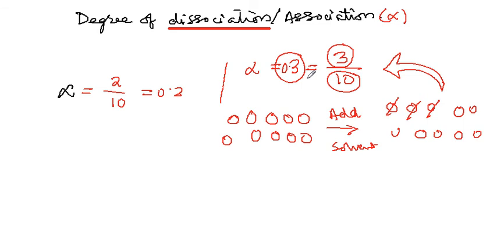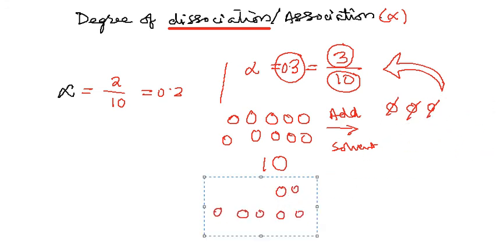Okay, so what we had before dissociation, we had 10 molecules. After the dissociation, what we have got is 7. So how many have got broken? 3 have got broken.